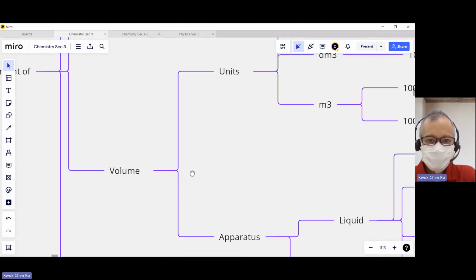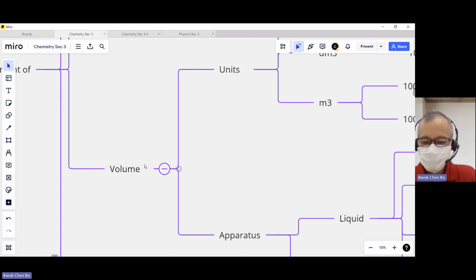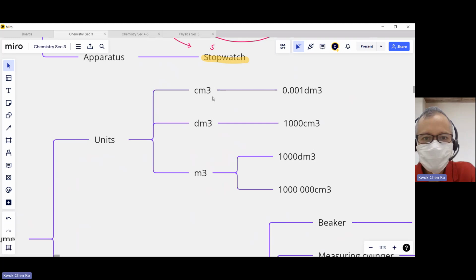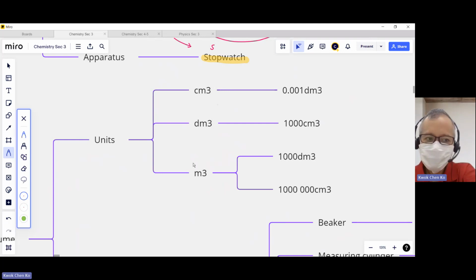Now, the next quantity will be volume. Again, for chemistry, there are 3 common units for volume. Yes, no doubt, you must realize that the SI unit will be cubic meter.